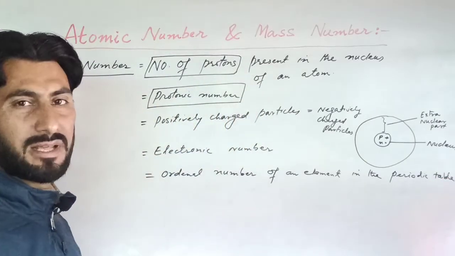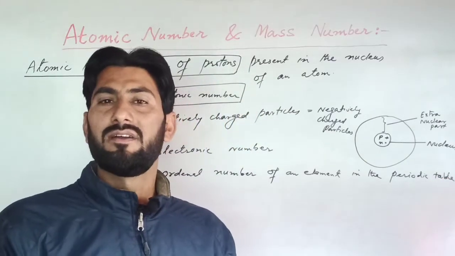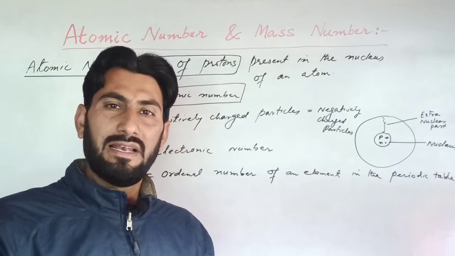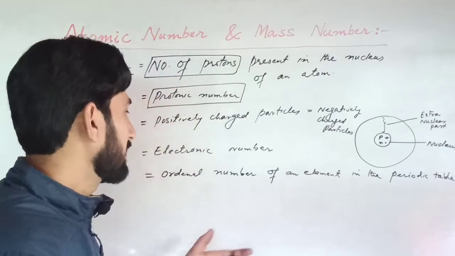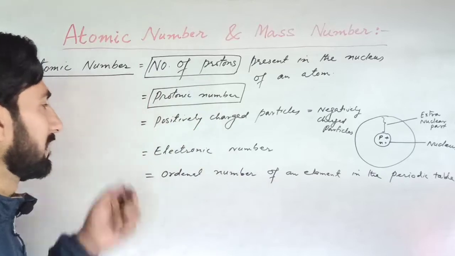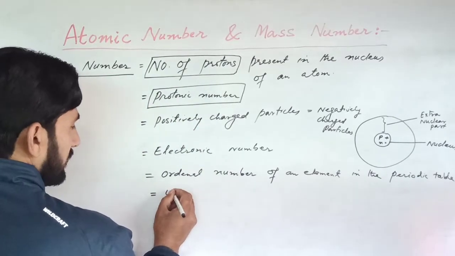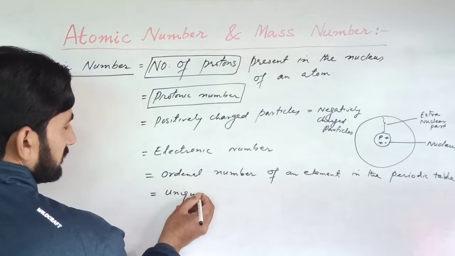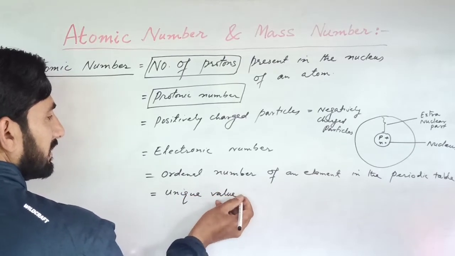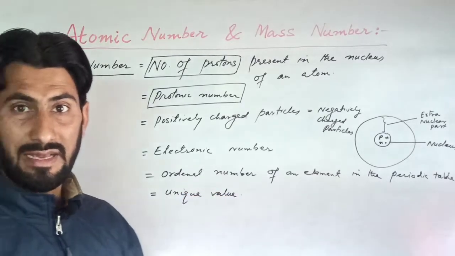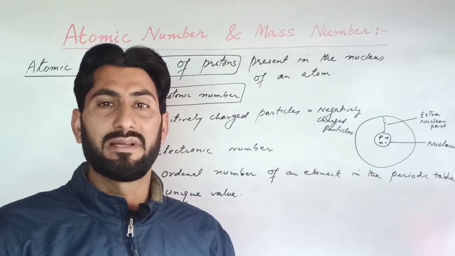Since the modern periodic table is based on the modern periodic law, according to which elements are arranged in increasing order of their atomic number, it has a unique value. That is, no two elements have the same atomic number.